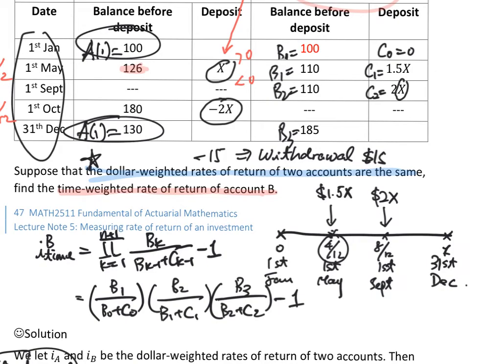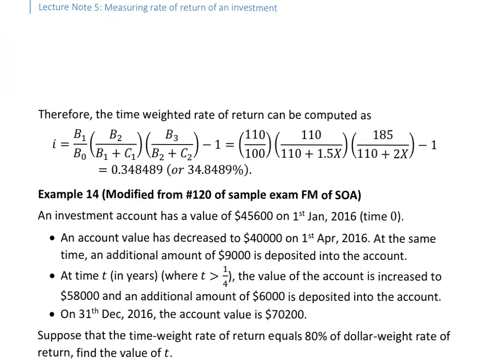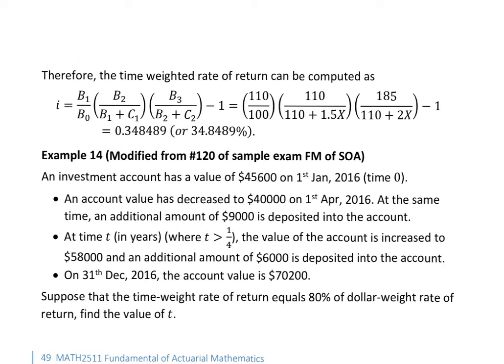With these choices of this BI, you can easily get the final answer, which is equal to 34.8489%, your time weighted rate of return of the account B. So this is just one more example regarding the time weighted rate of return.